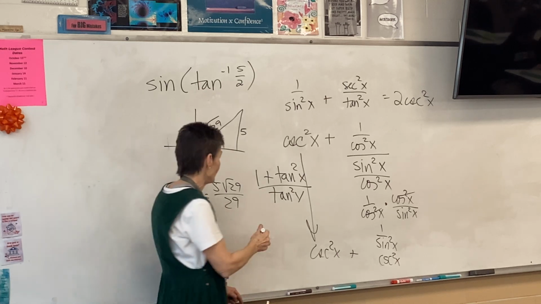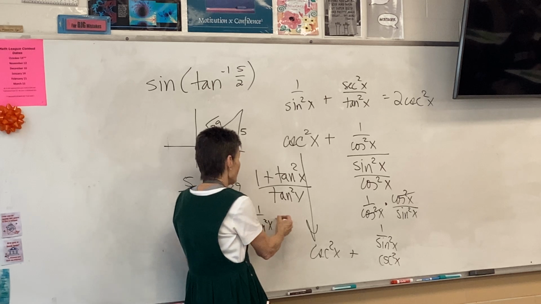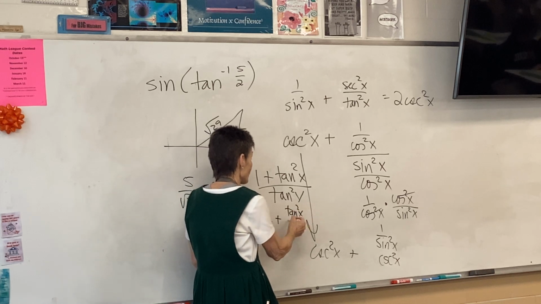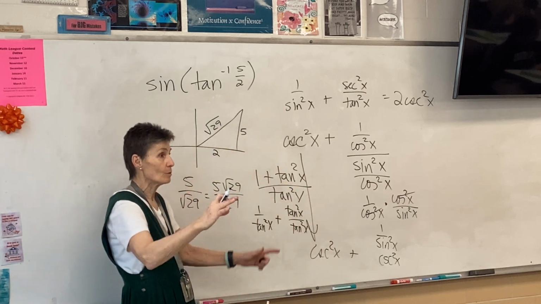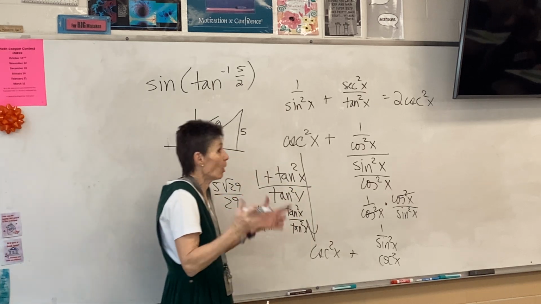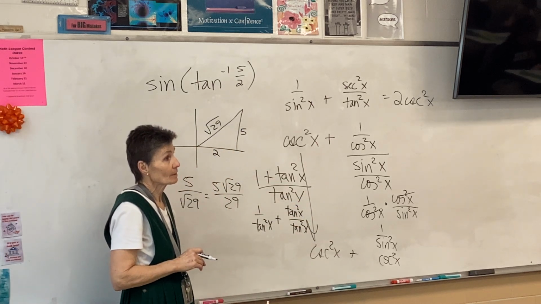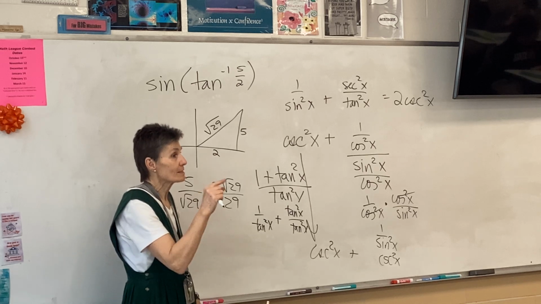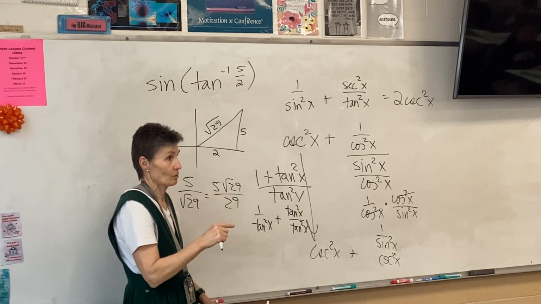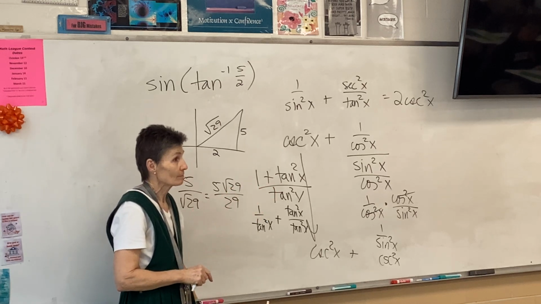Now, what you could do is split that up and make it 1 over tangent squared plus tangent squared over tangent squared. But now again, things are going down this loop-de-loo road that I have to navigate and hopefully eventually come out with what I want. Okay? So again, there is no single right answer. There are lots of ways to get where you're going. You just gotta get there.